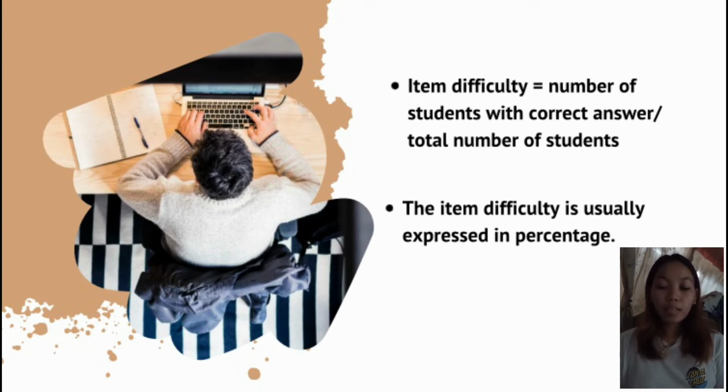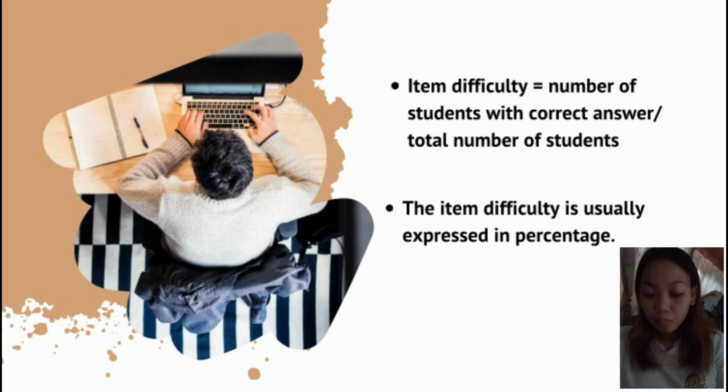And an easy way to measure it is to look at how difficult an item is in the upper 25% of the class, and how difficult it is with respect to the lower 25% of the class.